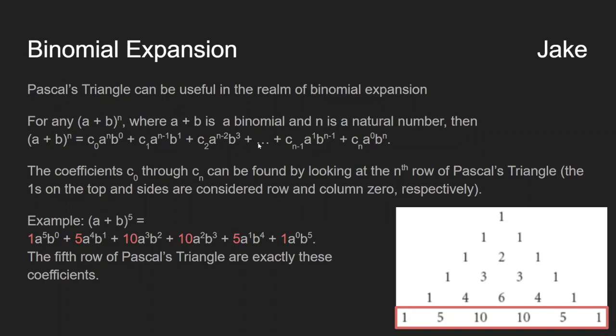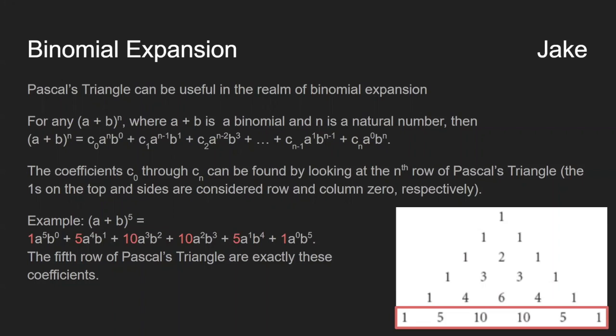And with each of these terms, you have a coefficient c. Even if it's just 1, there is a coefficient there. Basically, the coefficients c sub 0 through c sub n can be found by looking at the nth row of Pascal's triangle. When you are referring to certain rows and columns of Pascal's triangle, you generally consider the ones on the side and on the top as row and column 0.